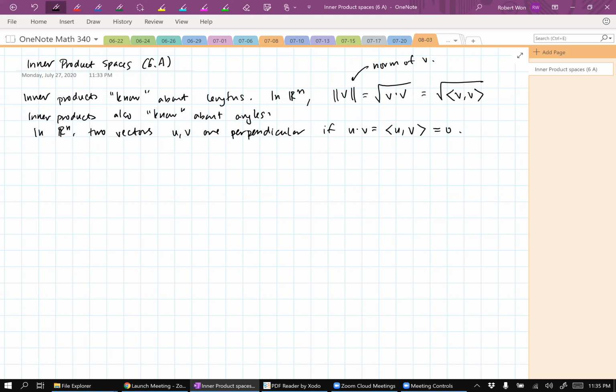So what we'll do is we'll generalize this notion. We'll just say that in an inner product space, if two vectors have an inner product of 0, well, we'll use a different word. We'll call those two vectors orthogonal. So two vectors u and v, where V is an inner product space, are called orthogonal if their inner product is 0.